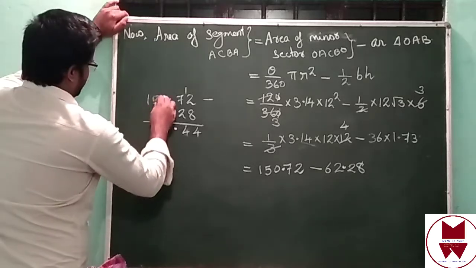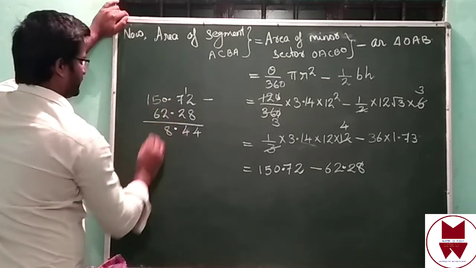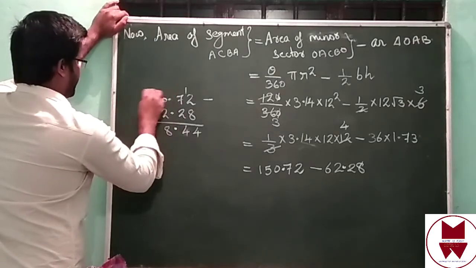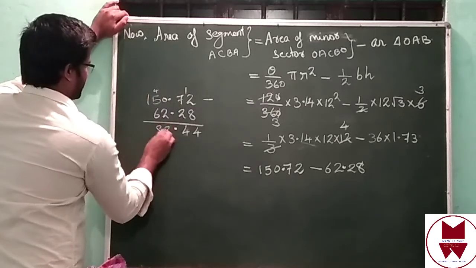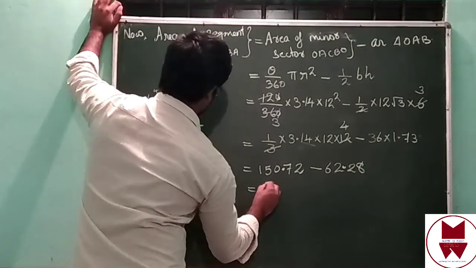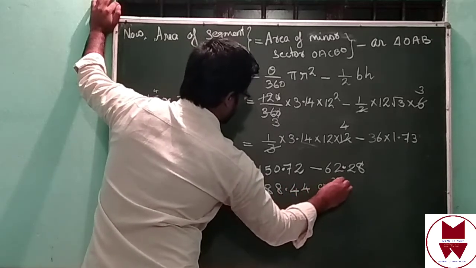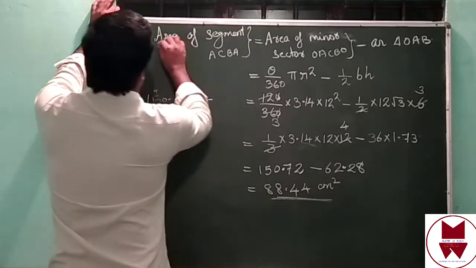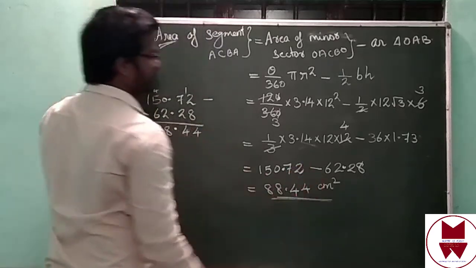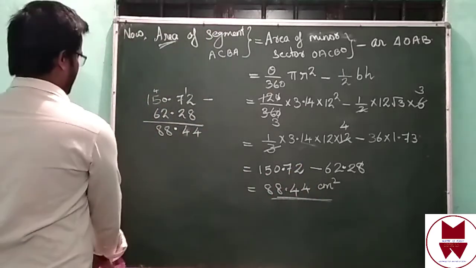Then here 10, 10 minus 2 is 8. Then remaining 4, so 14. 14 minus 6 is 8. I will get 88.44 centimeter square, because area means the unit will be centimeter square. That is our answer.